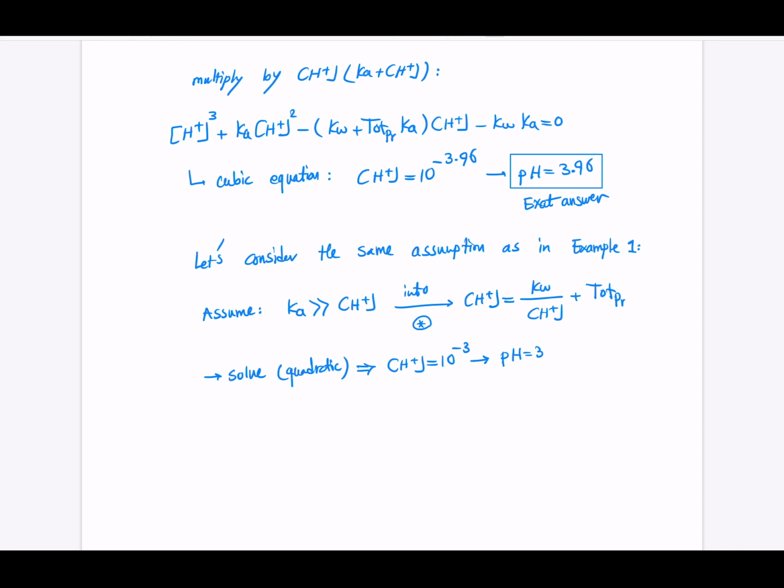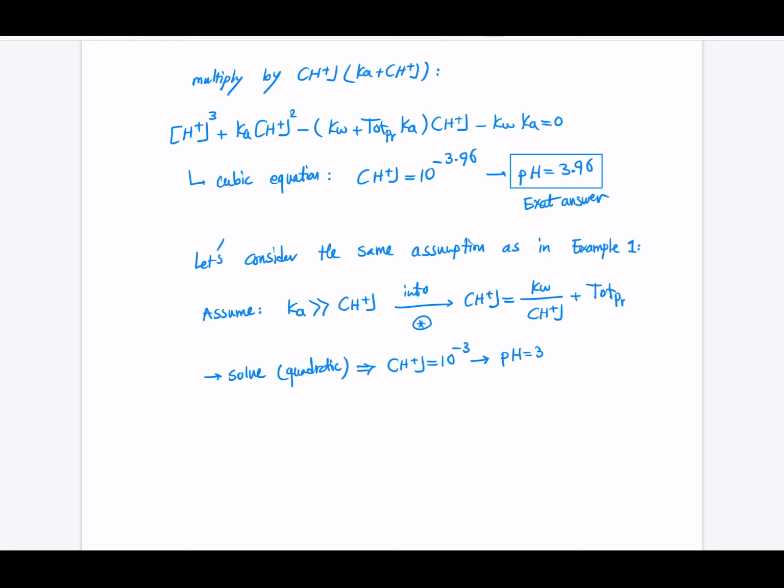It seems it's a fair number, pH of 3. How do you counter argue that if I say this is the answer? I would say close to 3.